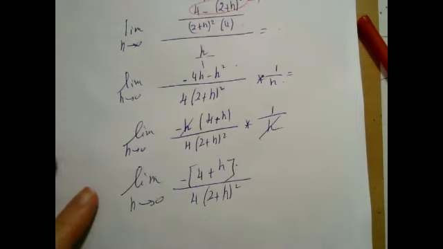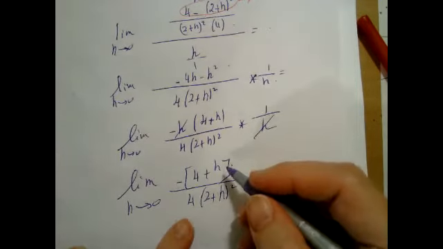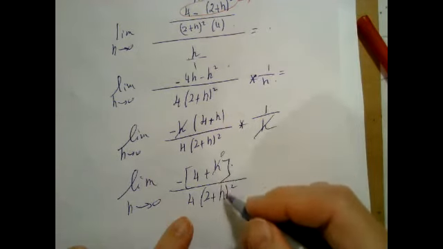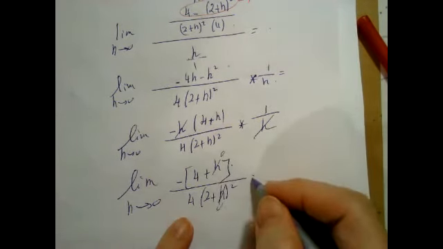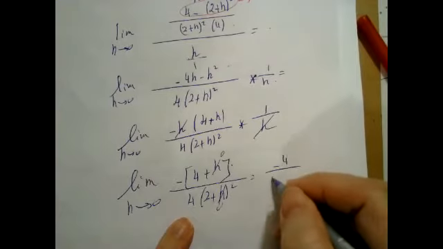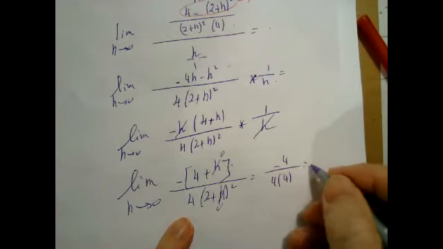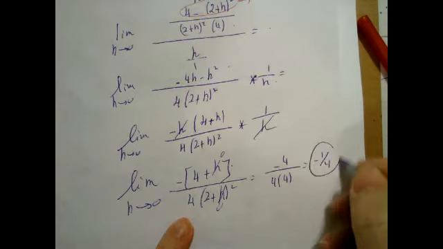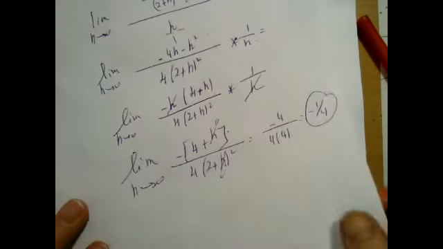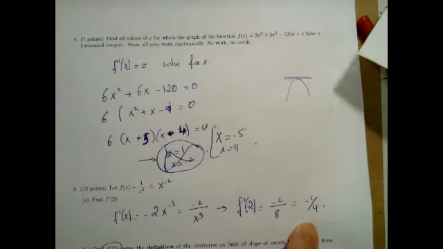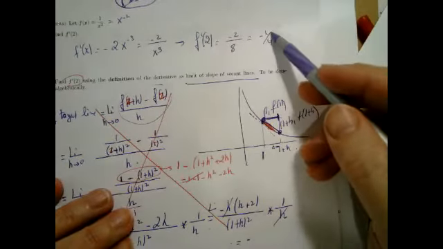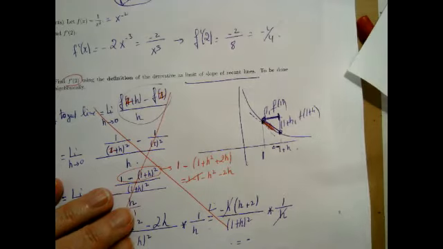And now when h goes to 0, what will happen? This goes to 0, this goes to 0, I will have minus 4 over 4 times 4, which is minus 1 over 4, which is, of course, exactly what we got right here. And honestly, when I realized I'm not getting minus 1 over 4, I knew I'm doing something wrong.